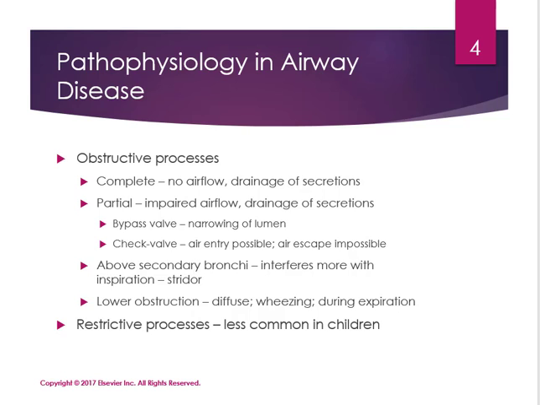The obstruction can be impacting depending on where it's located. If it's above the bronchi, that can interfere more with inspiration. You'd have stridor, and with a lower obstruction, you could have wheezing during expiration. Restrictive processes are less common in kids.